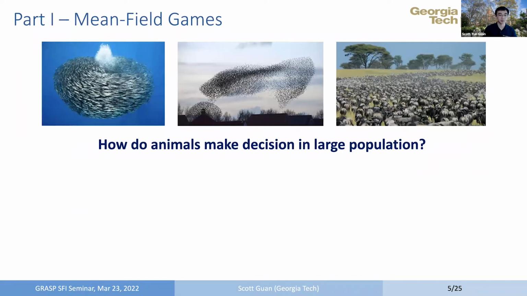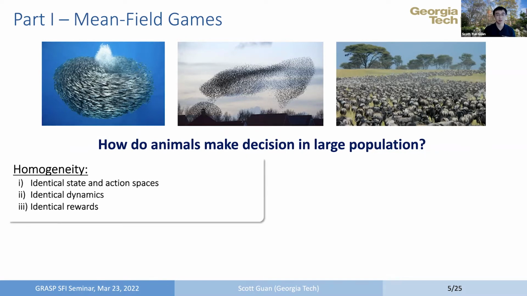To motivate this mean field formulation, I want to first present these 3 pictures in the animal kingdom. We have a swarm of fish, a swarm of birds flocking, and a large population of migrating zebras. We know that these large populations of animals sometimes show very organized behavior. So the question is, how do they make decisions in such a large population?